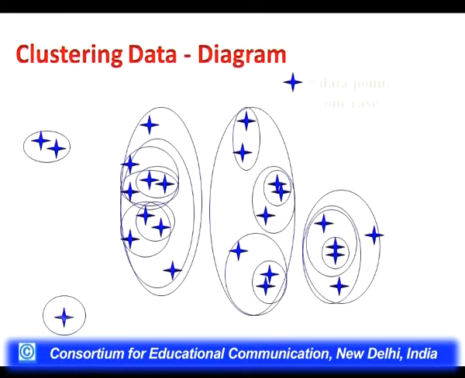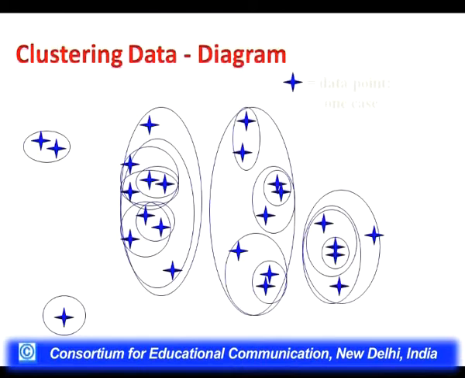The topmost cross is isolated and the bottommost cross is also isolated. Top left have two cases together and they are grouped together. Then there is a big group, and within the group there are small groups and they are combined together. And this is the diagram of the different clusters of the cases.